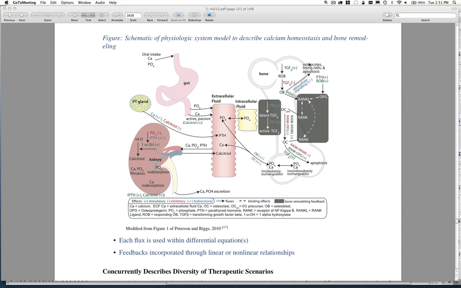PTH is a very strong component of regulation of this RANK-RANKL-OPG system, as well as the apoptotic system of osteoblasts, as I mentioned previously. And so again, PTH affects the input from both.